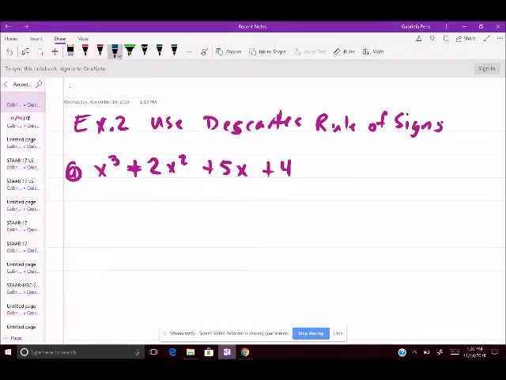Now, this is going to tell you how many positive zeros and how many negative zeros you have. So for the positive zeros, you take it the way it is, like it is right there. Now, this is what kind of number? Positive. Is there a sign change here? Is there a sign change here? Is there a sign change here? So because there is no such thing, then the answer should be there are no positive zeros.